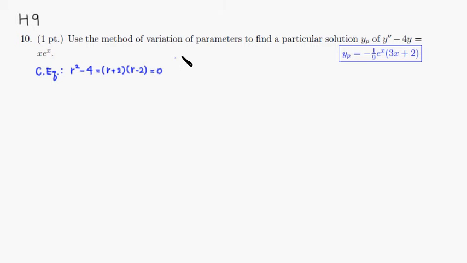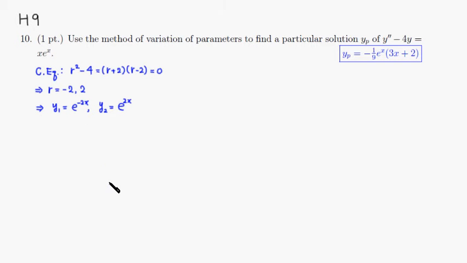This gives us r equals negative 2 and positive 2. So we can have y1 be e to the negative 2x and y2 be e to the positive 2x.